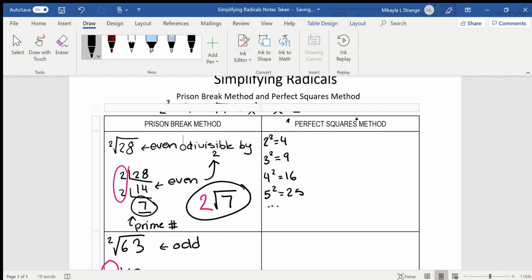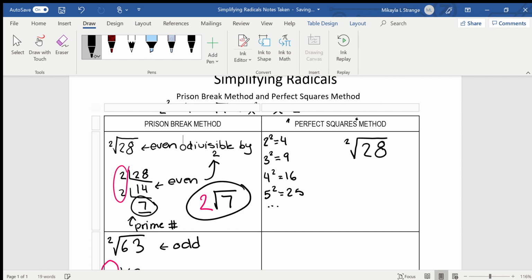So, let's just try finding the square root of 28. We already know the answer here, but let's just try double checking it with this method as well. So, what I'm going to do is I'm going to look, does 4, 9, 16, 25, do any of these multiply to 28?